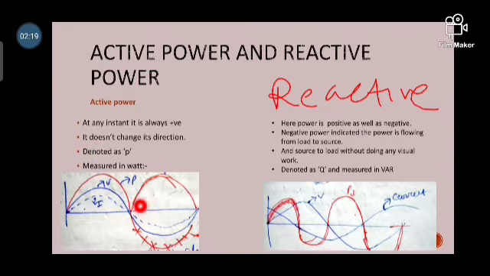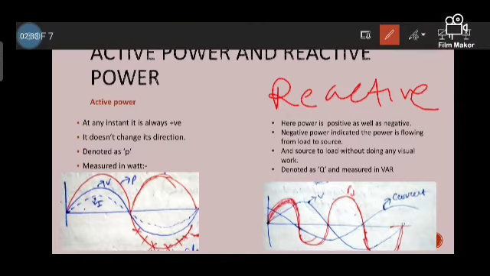See in this figure, this is the sinusoidal wave of the current shown in the dotted line, and the voltage shown in the dark line. The power is the multiplication of voltage into current.